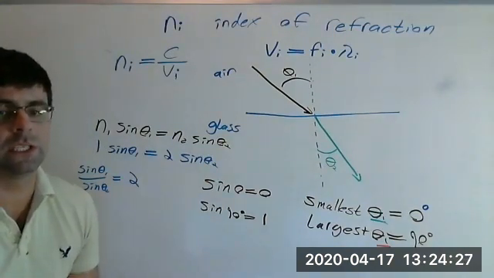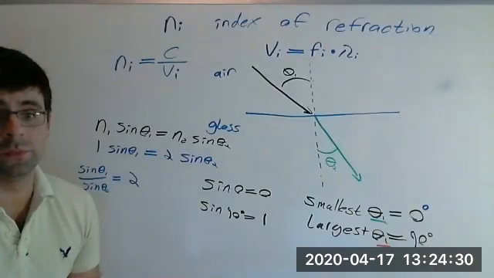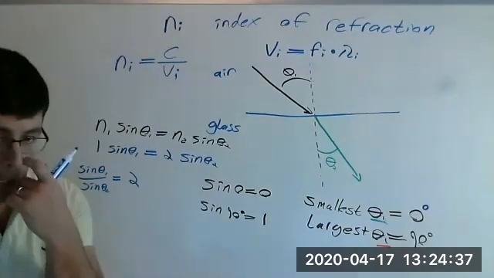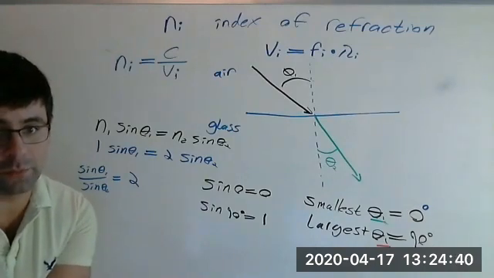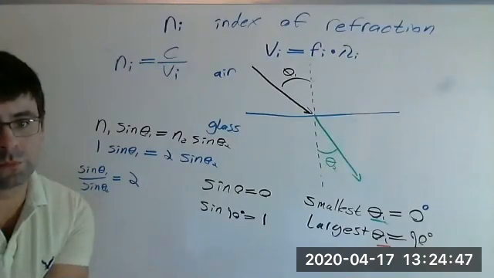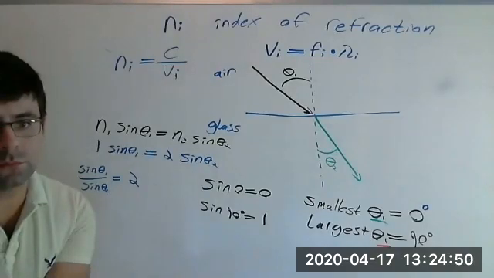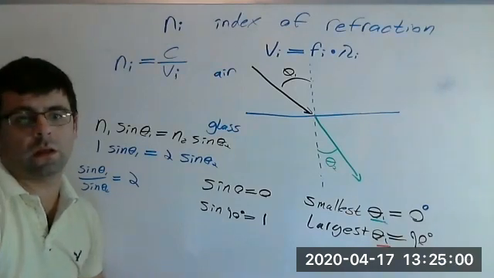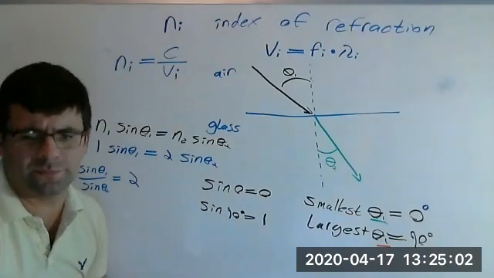So this is Snell's law of refraction. And it becomes all about messing around with this little equation. Let's see if we can do an example. All right.